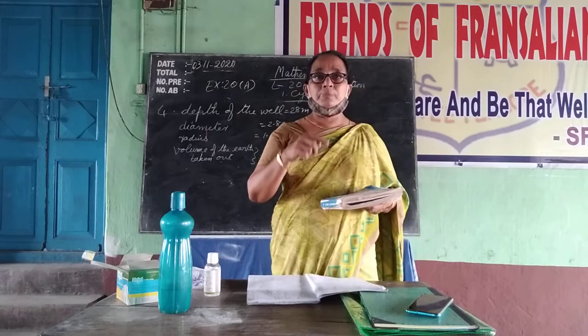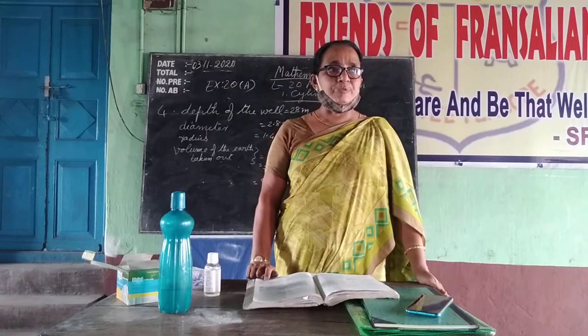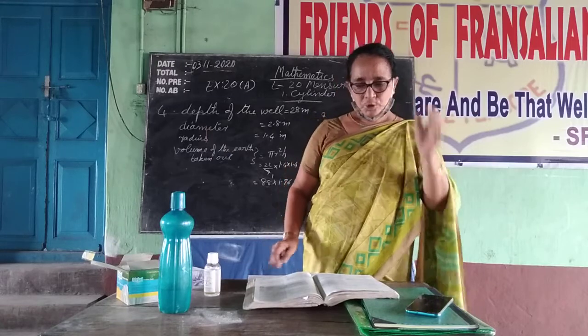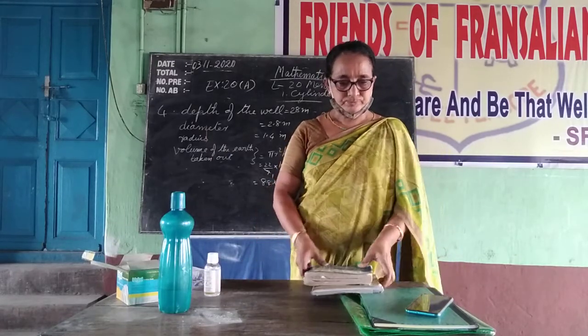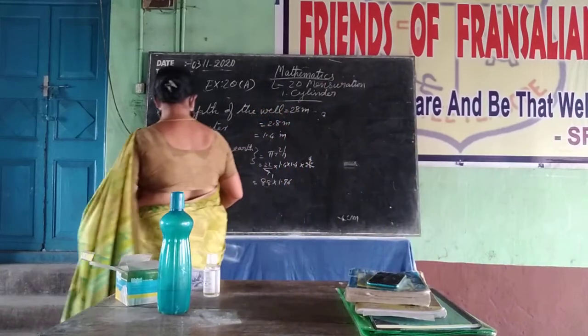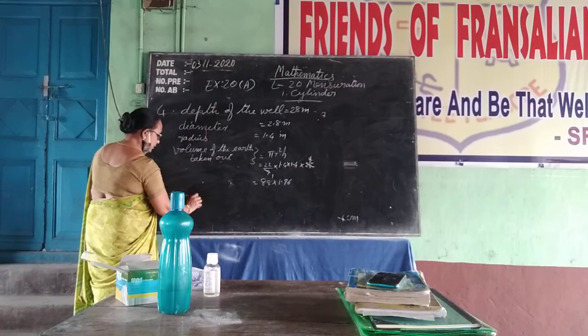And here also you have to find out the curved surface area. Curved surface area is equal to 2 pi rh. Curved surface area also you have to find out here. Then only the cost of plastering you can find out.